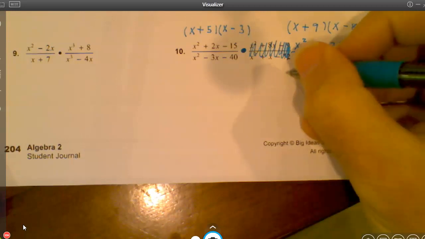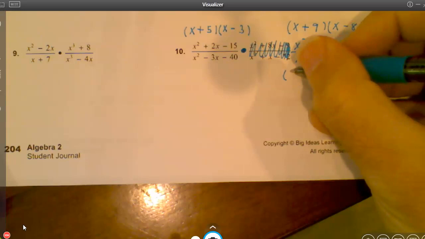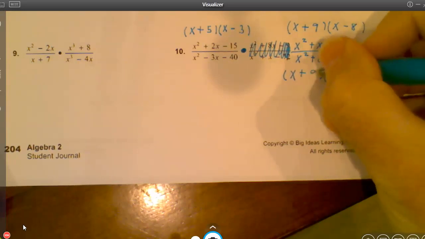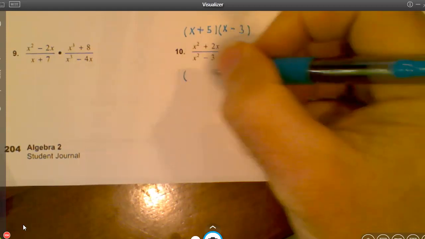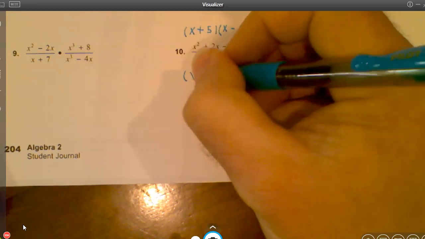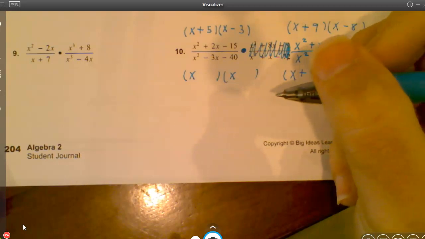And just going on down to the bottom, going to do all the same stuff. So breaking that one into x plus 9 and x minus 1. And this guy, looks like we got a -8 and a +5.